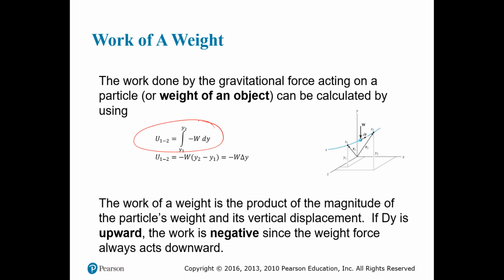But in this case, your force will be the weight, and the weight is always pointing downwards, and that's why that work will be negative. And then dy is the change in height of the particle, right? You had S1 right here and S2, and as they change in height, then you will have a work done by the weight. Okay, simple as that, very straightforward, and nothing to be complicated about this.